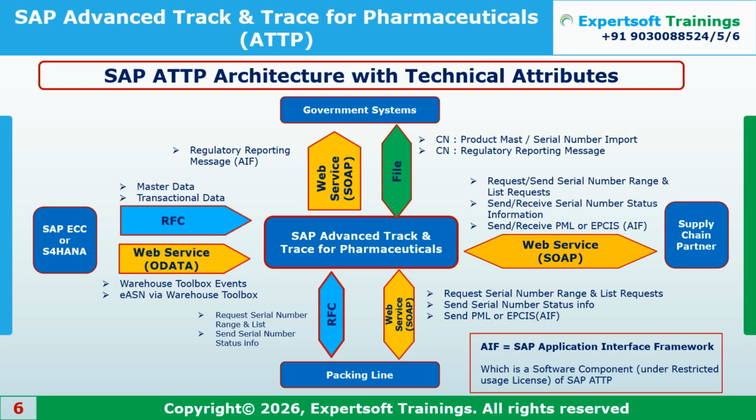And then the serial number commission data will be pushed to ATTP. Once the commission data is available for the serial numbers which we have received, we will send the EPCIS file communication to the partner so that the generated serial numbers have commission data, and then send it to the supply chain partner.